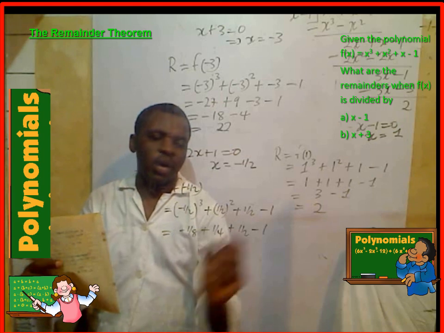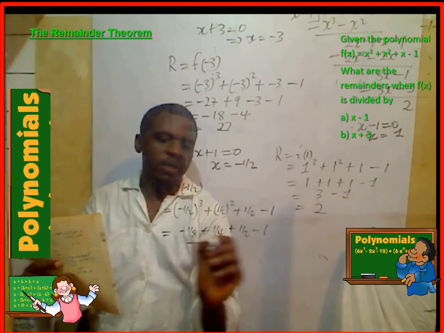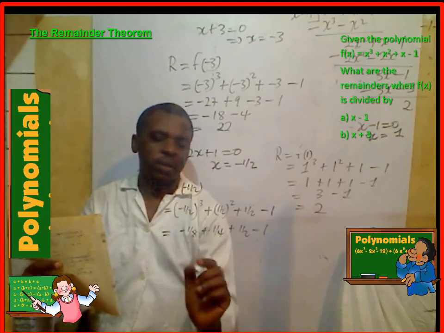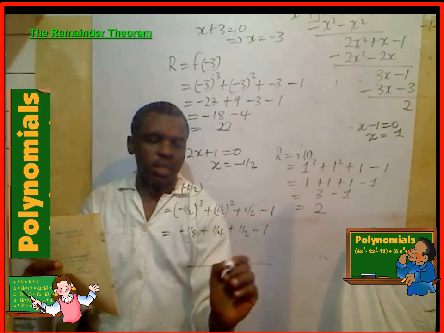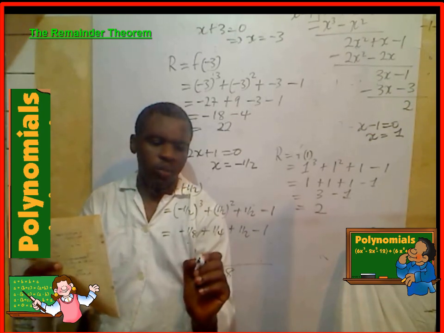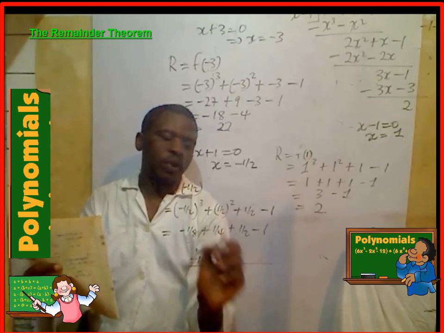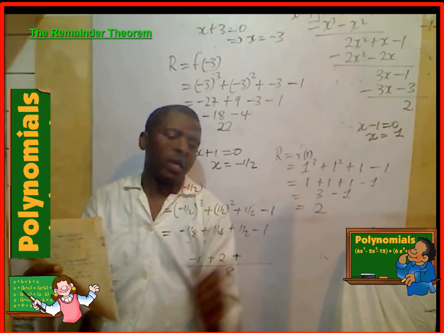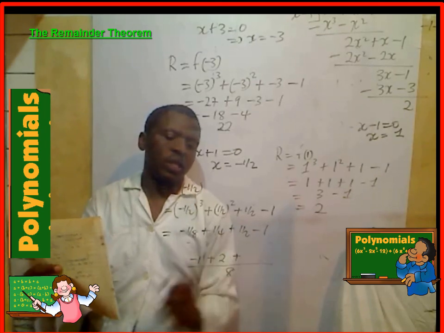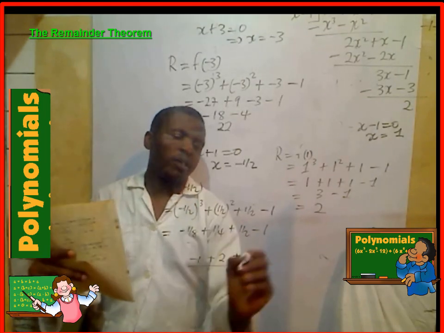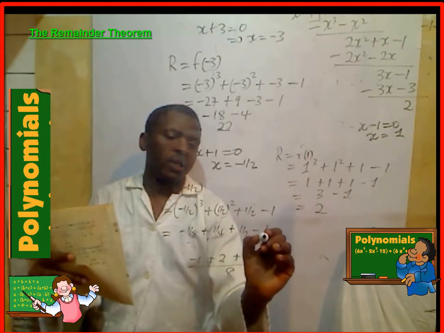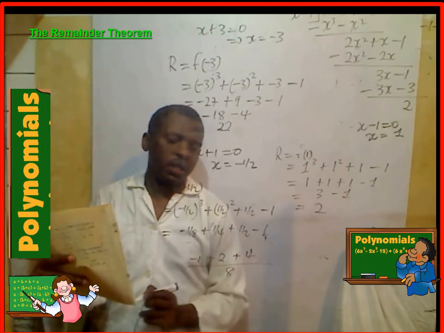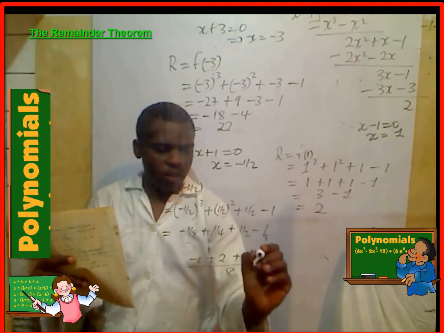What is our LCM here? The LCM is 8. So this is minus 1, plus 4 goes into 8 two times, 2 times 2, plus 2; 2 goes into 8 four times, plus 4; 1 goes into 8 eight times, minus 8.